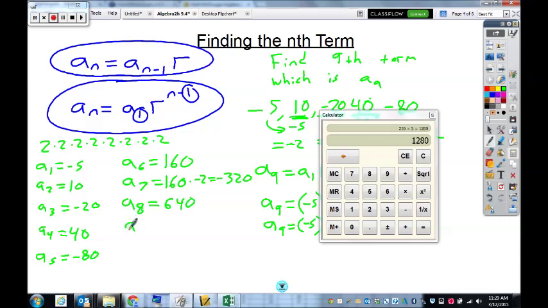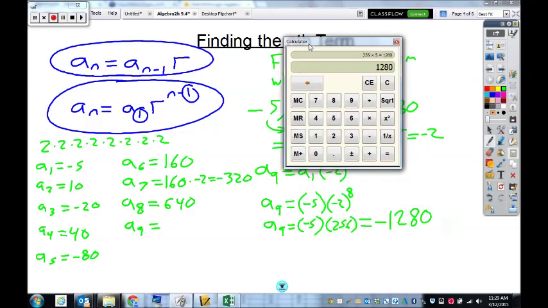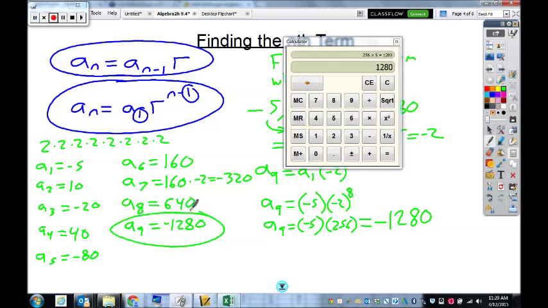And then a sub 9 equals 640 times negative 2, which would be negative 1280. So either way, you get the same answer. One's just much quicker.